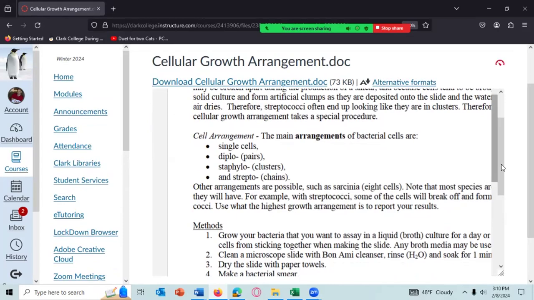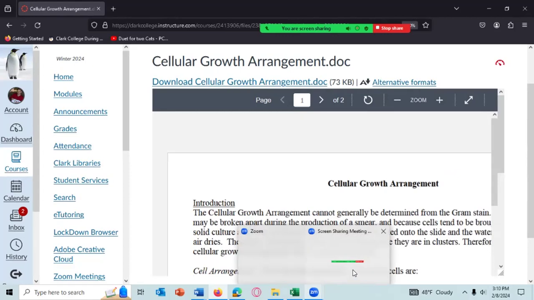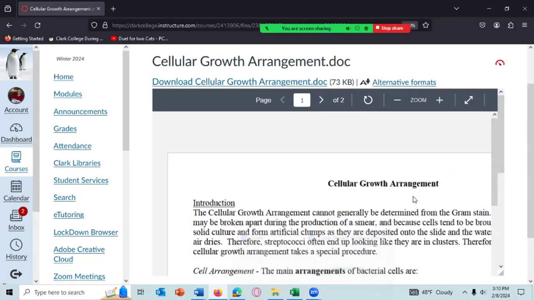You cannot determine the cellular growth arrangement from the gram stain. In making the gram stain, we usually obtain the cells from a solid media, meaning you're growing the cells on an agar plate. And the cells, when you pick them up from an agar plate, are going to tend to stick together. And then when you smear them out over the water and let them air dry, they will also start to clump.